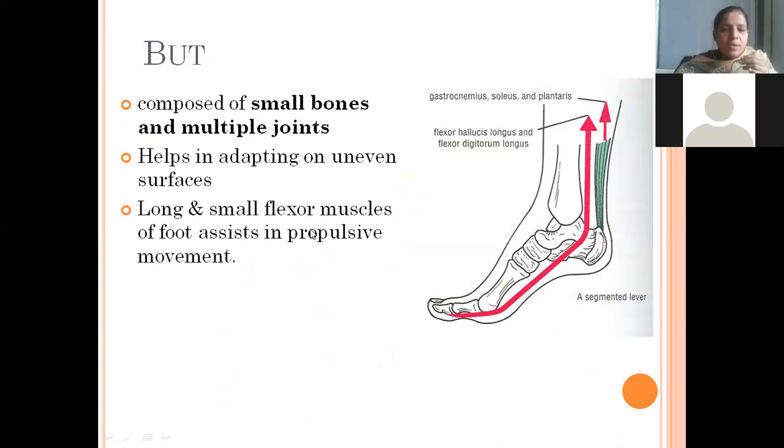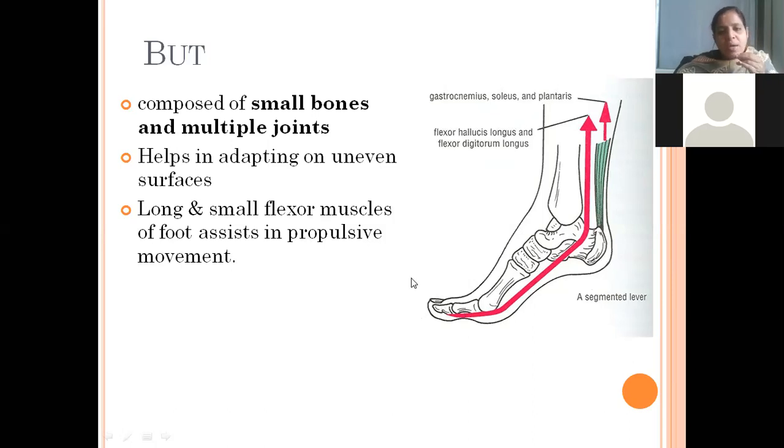So the foot is made up of many small bones and many joints, isn't it? What are the various bones to review first? We had calcaneum, talus, navicular, three cuneiforms, cuboid, very good, five metatarsals, and 14 phalangeal bones, isn't it?